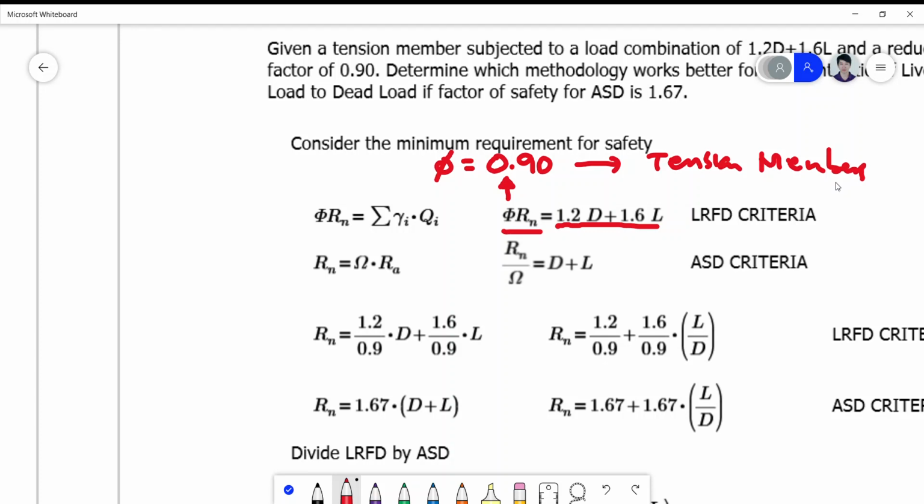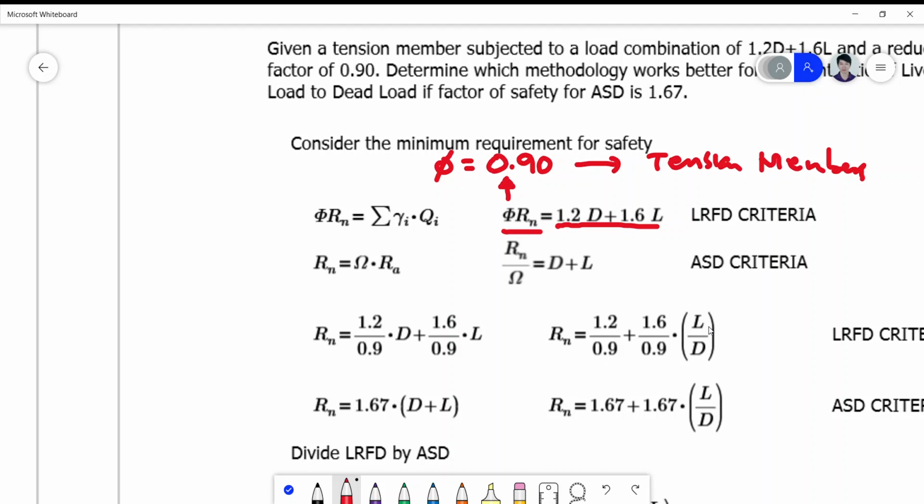So if we divide this by 0.90, your equation now becomes 1.2 over 0.90 and 1.6 over 0.90. And if you want to make it simpler, instead of having a dead and live there, we divide it by the dead load. Not remove, but we can put the arguments, the dead and the live load arguments, into one single argument, which is the live-dead ratio.